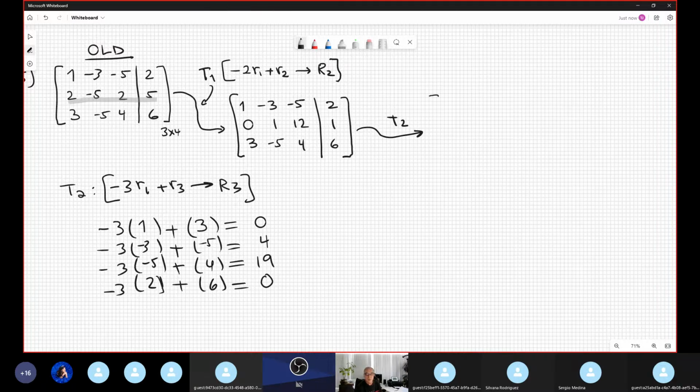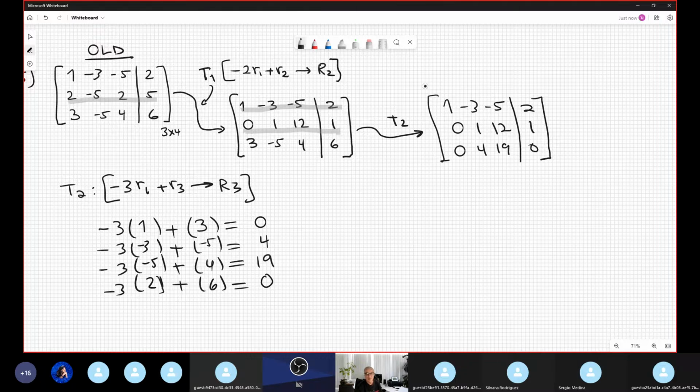Look, I copy, but copy what? Copy everything in row 1 and row 2, because the only row that changed is row 3. 1, -3, -5, 2. 0, 1, 12, and 1. Now, 0, 4, 19, 0. Cool?